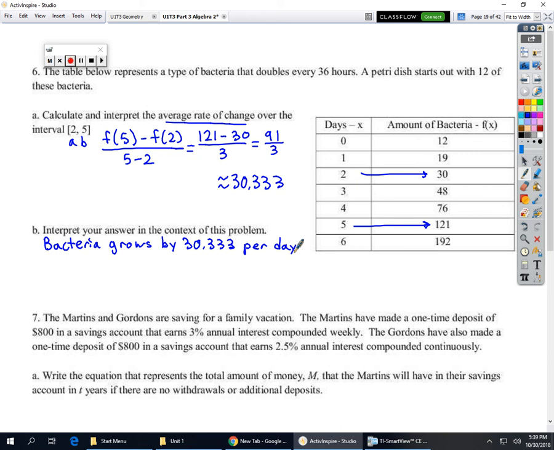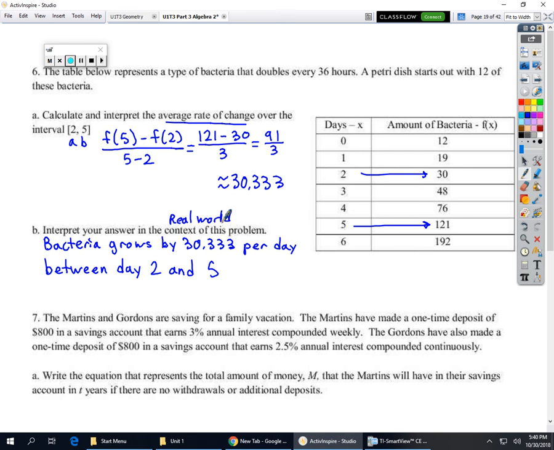Well, not the whole time, but specifically between day 2 and day 5. So between day 2 and 5, this is the average rate of change. Between day 2 and 5, bacteria is growing at this rate per day. So in the context of this problem, it really just means give me a real world answer.